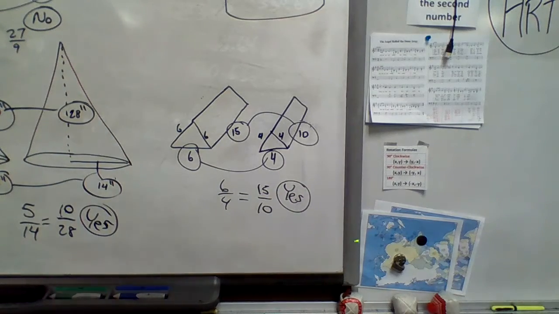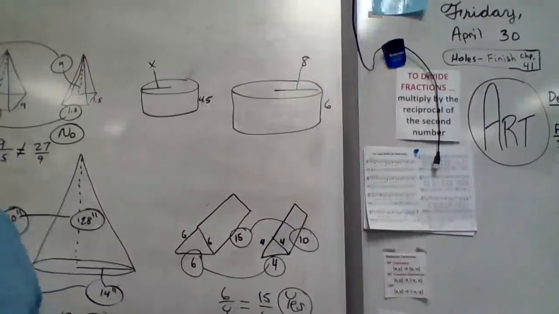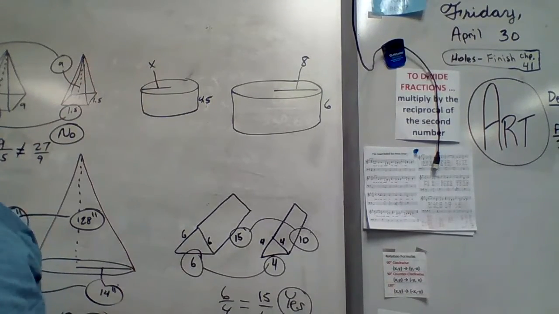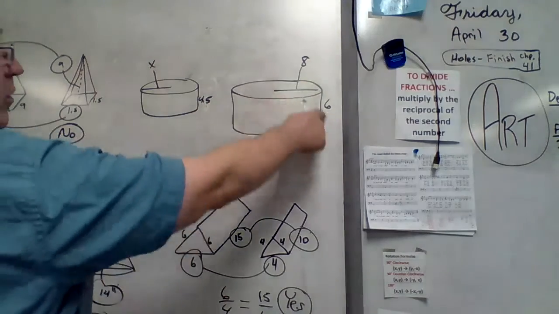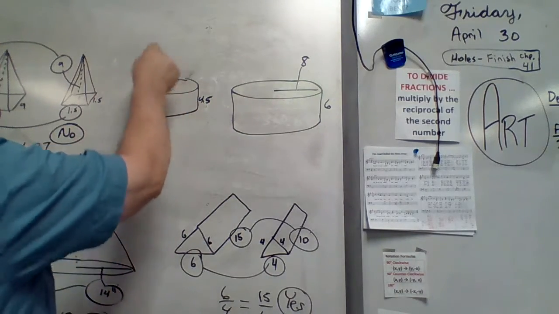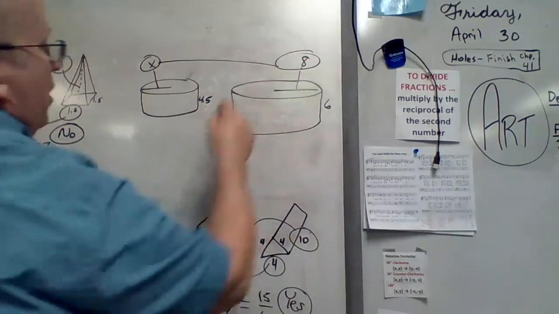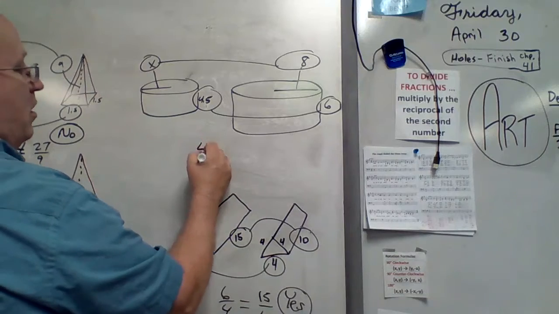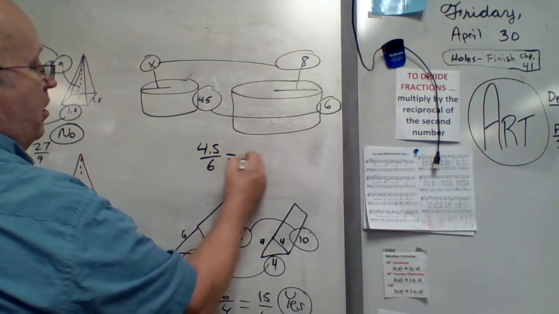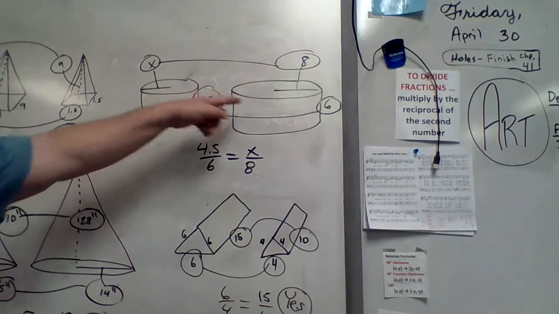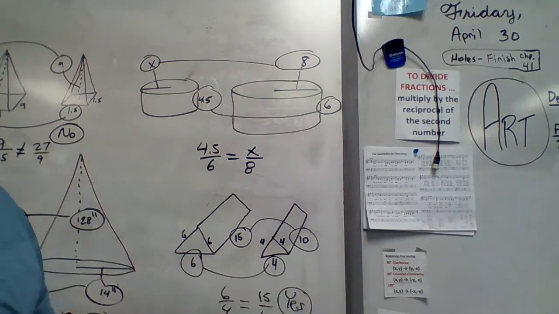Now that we know how to do that, is there a way to figure out a missing measurement? I know 3 of the measurements, but I don't know the radius of this circle right here. Well, first thing, let's match up the corresponding sides. Let's create 2 ratios, and let's assume that the 2 shapes are similar, because in your directions they'll always say that.